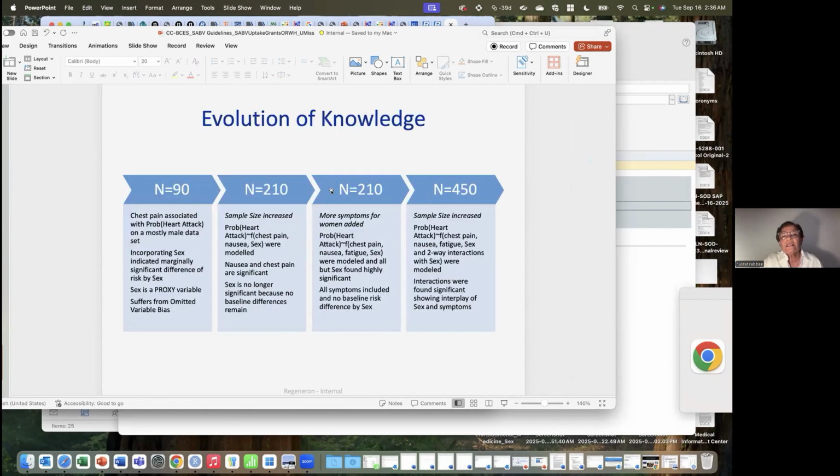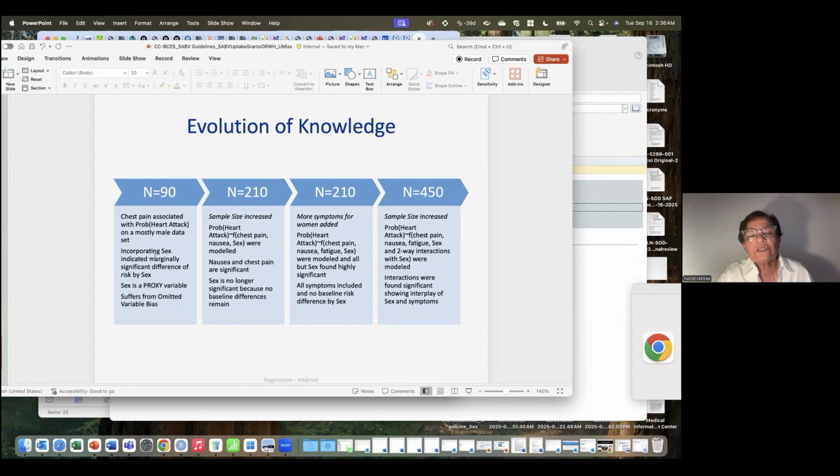So in the evolution of knowledge, at n equals 90, chest pain was associated with the probability of heart attack in a mostly male data set. Incorporating sex would have given you a clue, not the entire story, but it would have been a proxy variable. Then we increased the sample size, recruited new patients, added more variables, and found other symptoms were important.